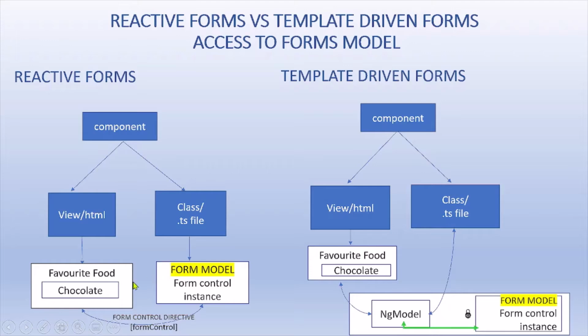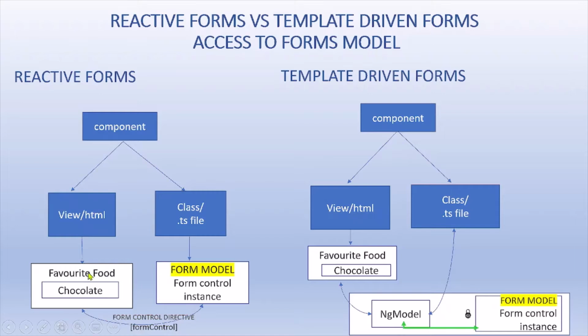We would then, with each element in our view file, put in the form control directive just like this, which would then link each of those elements to a particular form control in the form model, right?